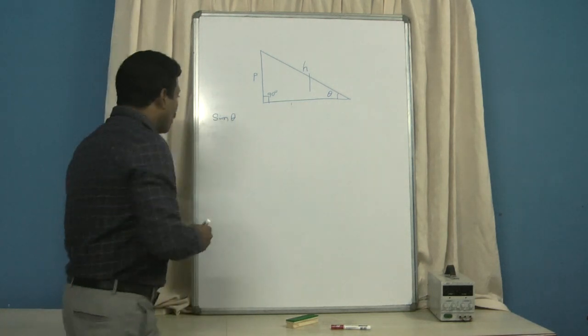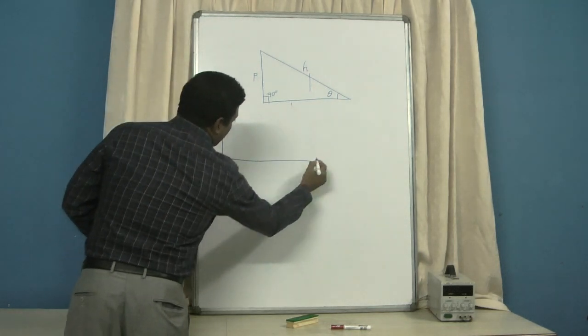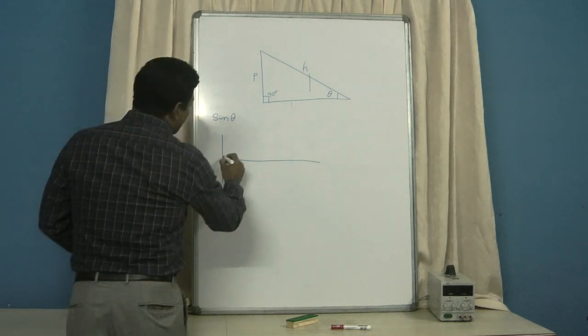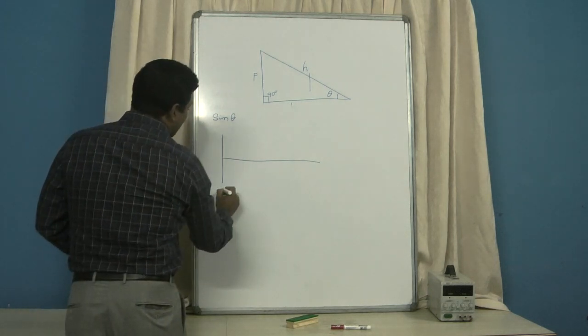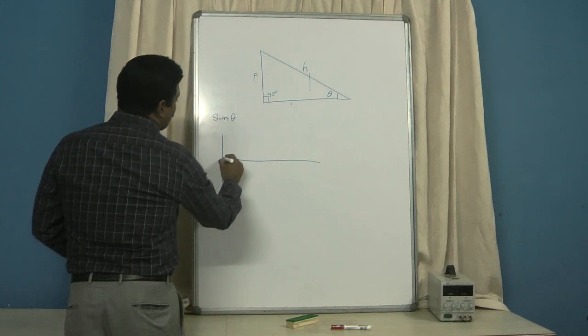So if you draw a graph in the case of electricity, if we increase the angle from 0, here theta equals 0. Then suppose here theta equals 90. Then it will move like this.